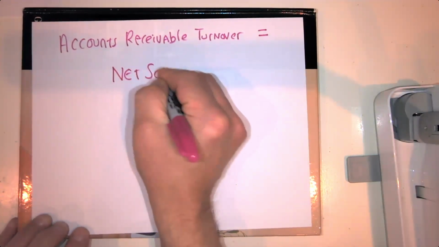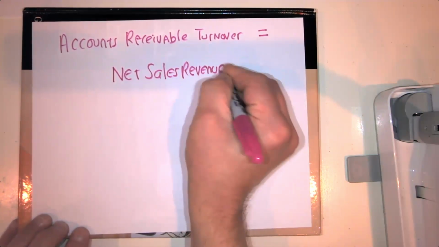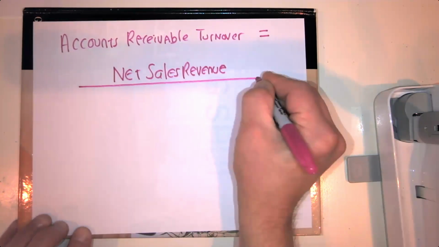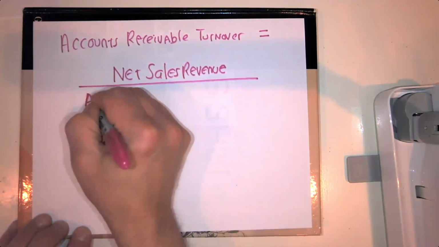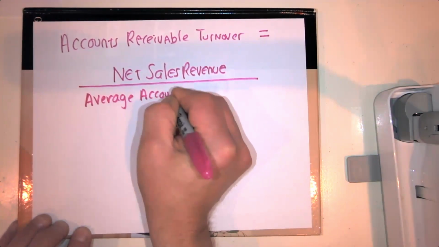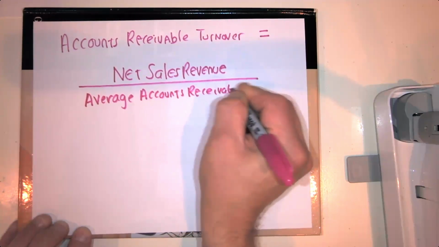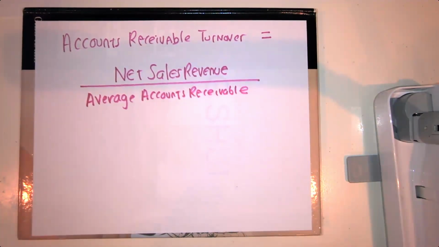So we'll take our net sales revenue and divide that by what we'll call our average accounts receivable. Net sales over the average accounts receivable.